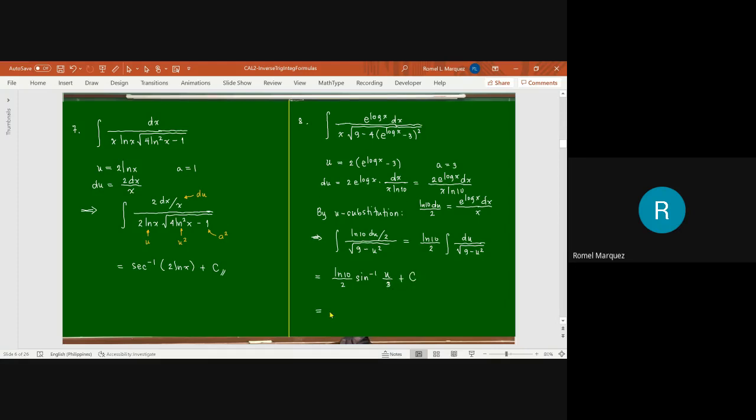But what is u, guys? ln 10 over 2, inverse sine of u. What is our u? It's e to the log of x minus 3, so that is our u, over 3.